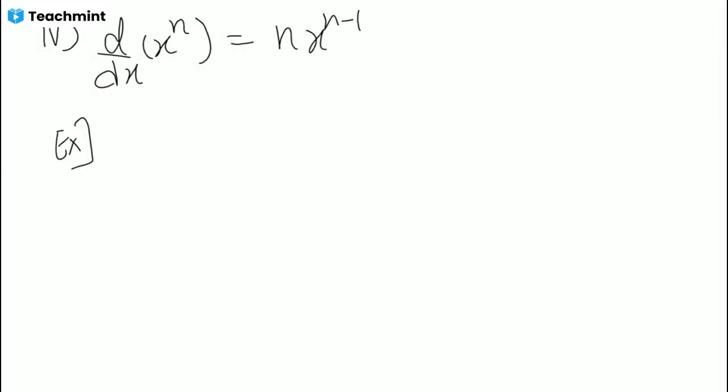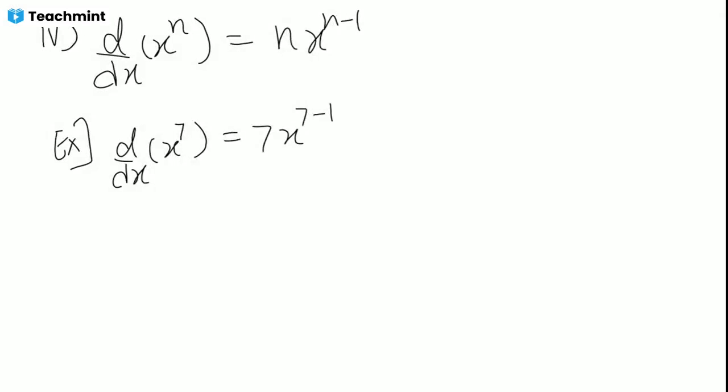If we need to differentiate x to the power n, write down the power first and subtract 1 from the power. This is the formula. For example, to differentiate x to the power 7, we write 7 first and subtract 1 from the power. So the derivative of x to the power 7 is 7 into x to the power 6. Got it?